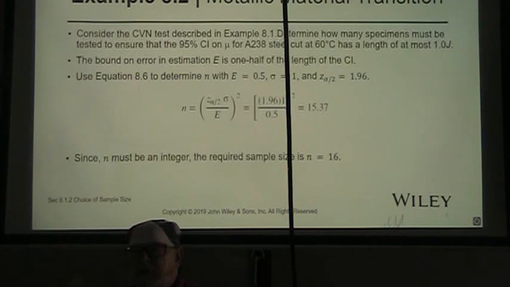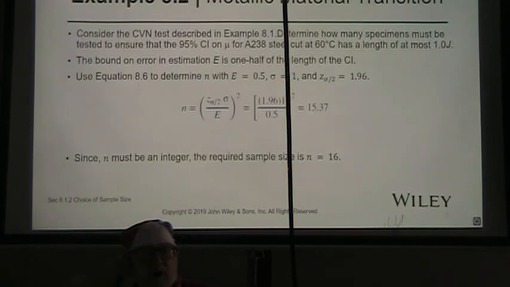Determine how many specimens must be tested to ensure that the 95% confidence interval on mu for A238 steel cut at 60 degrees centigrade has a length of at most 1 joule.